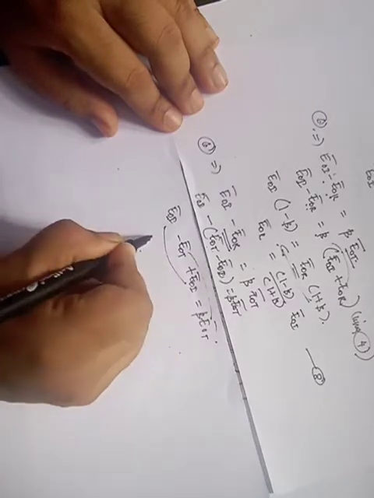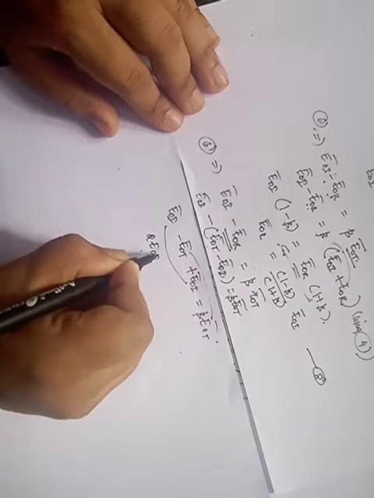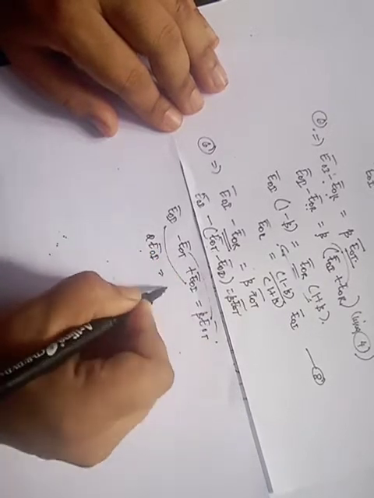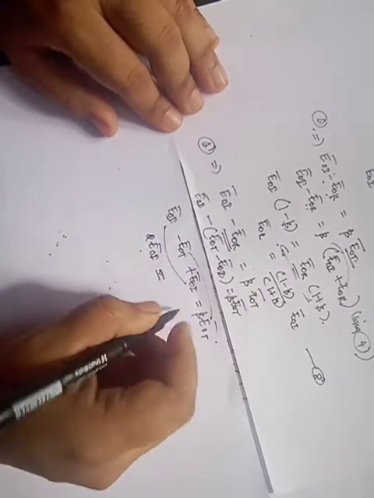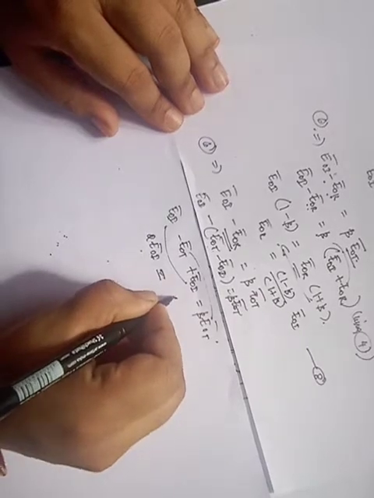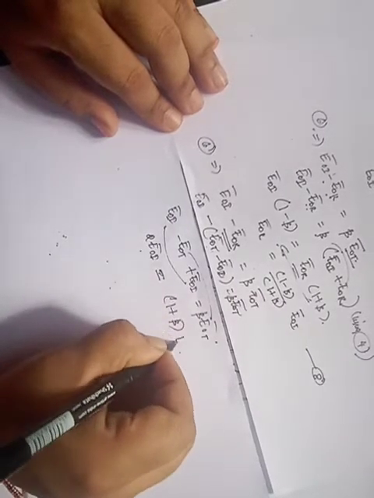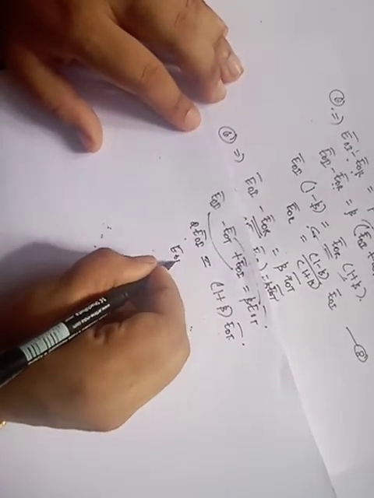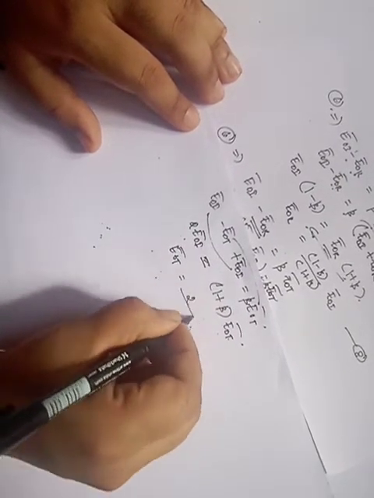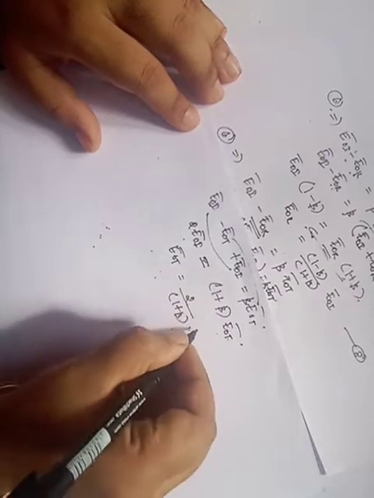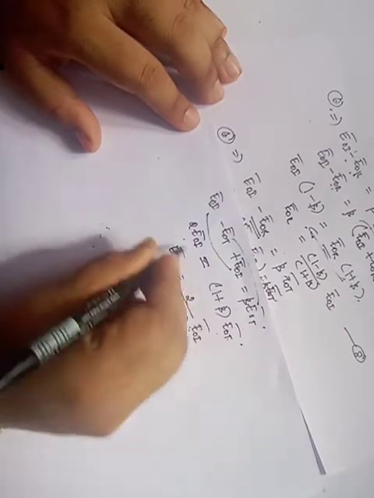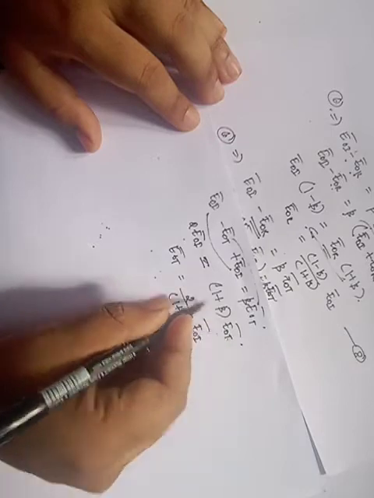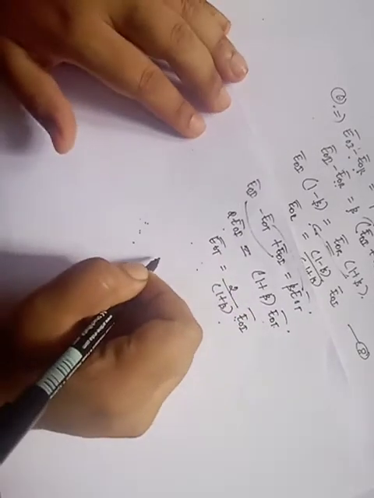So E naught I plus E naught I is 2 E naught I, equal to E naught t, which goes to the right hand side and becomes plus. Taking E naught t common, we get 1 plus beta into E naught t. So from this we can write E naught t is equal to 2 by 1 plus beta into E naught I.